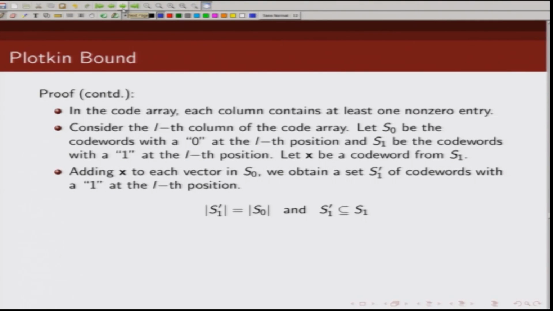Now, if we add X to each vector in this set S0 which has 0 at the ith location, and X, remember, has 1 at the ith location, then because both of them are code words, the sum will be another valid code word which will have 1 at the ith location.